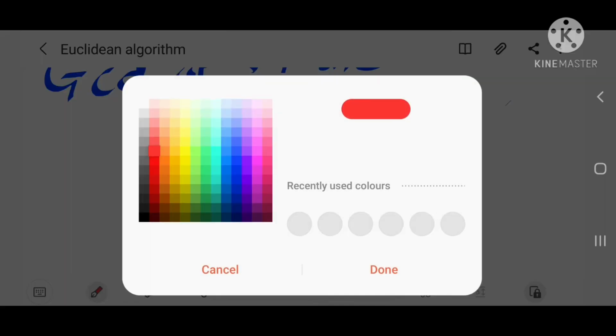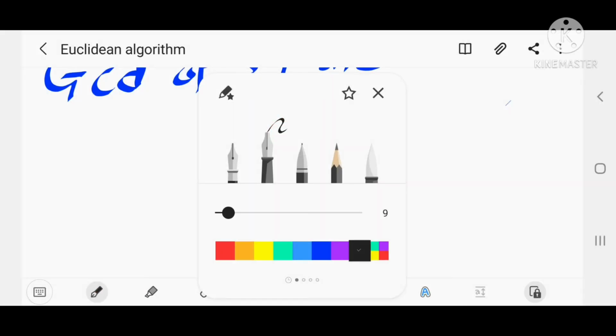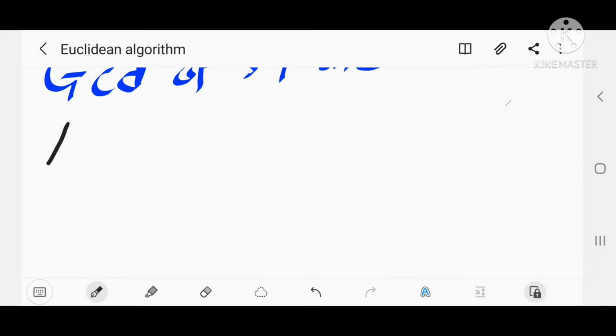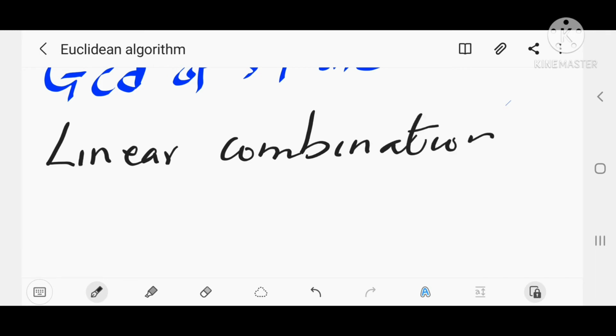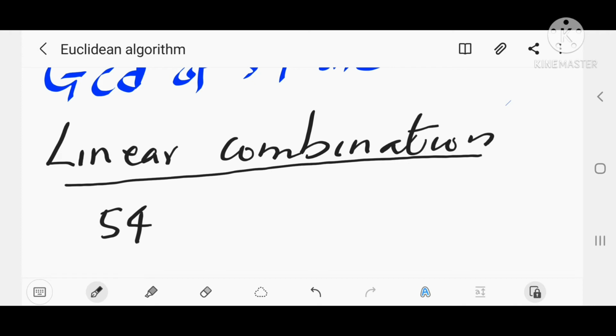When you say linear combination, it means in how many ways can we combine the two numbers we are dealing with to get the GCD.